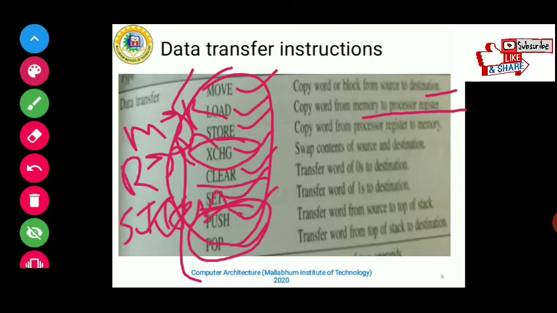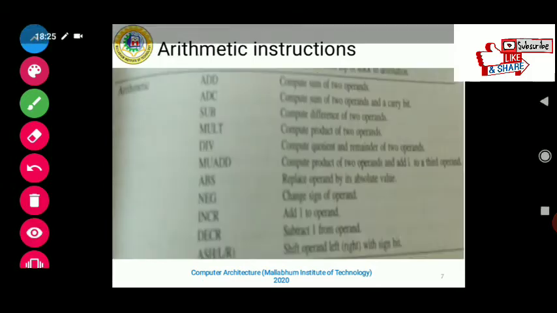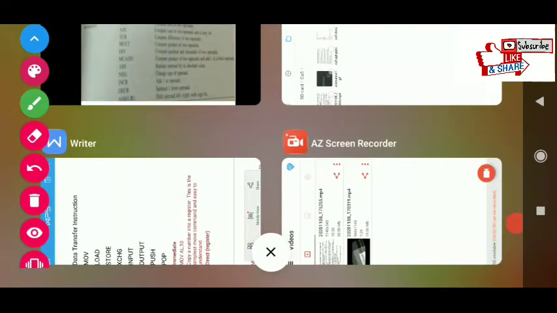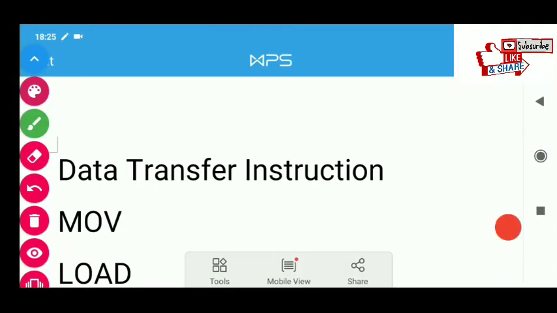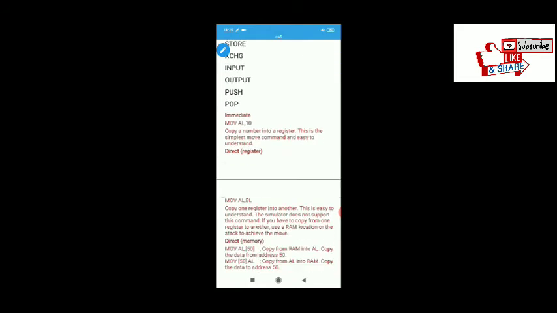Okay, so first we will discuss the move instruction, and how this move instruction works with the different addressing modes.